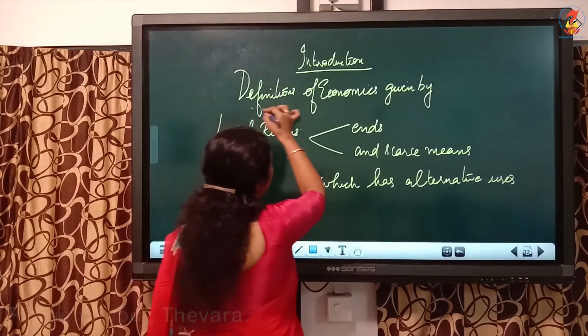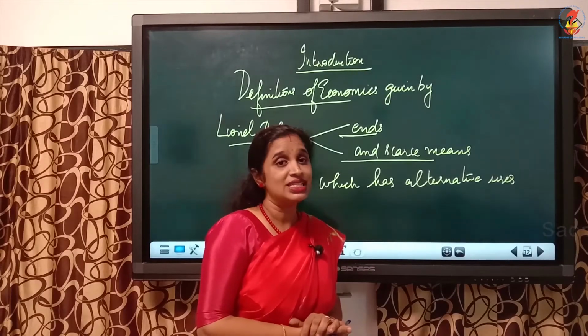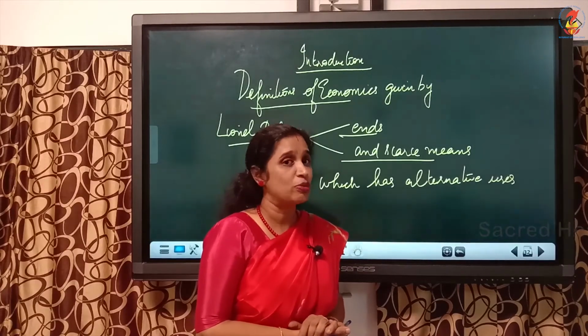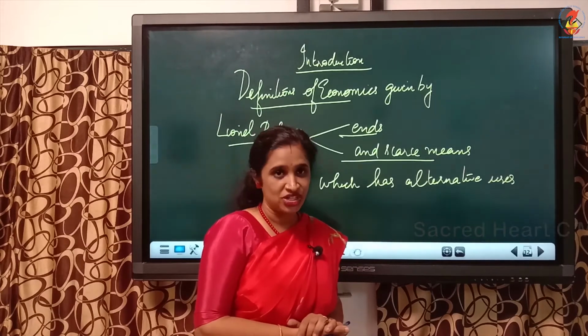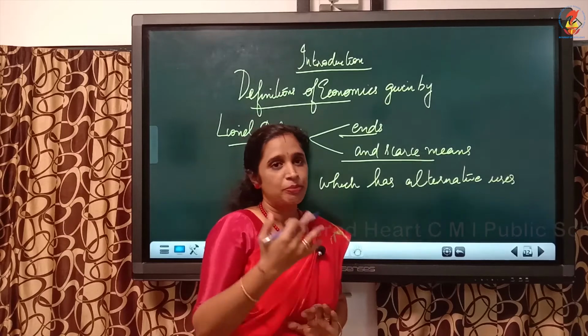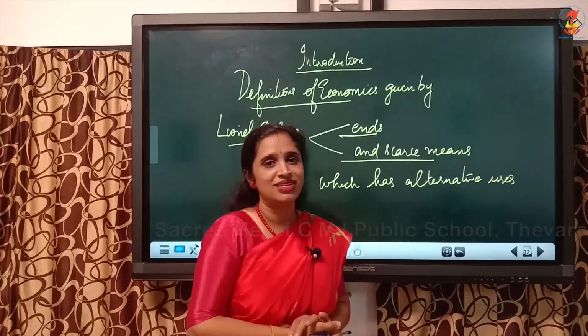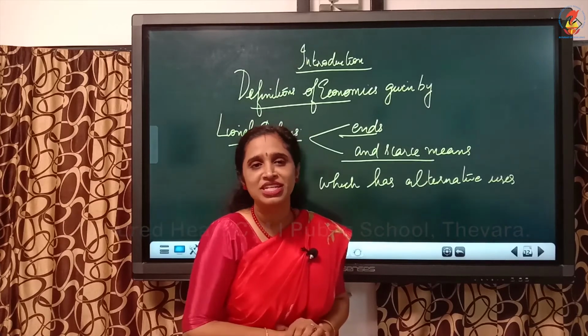According to Lionel Robbins, economics is defined with the concepts of ends and scarce means, which have alternative uses. End, what is end? Objective. What is the objective of an economy? Production. What is means? The ways to achieve that end. Production can be done only with the help of resources, and those resources are scarce and have alternative uses.